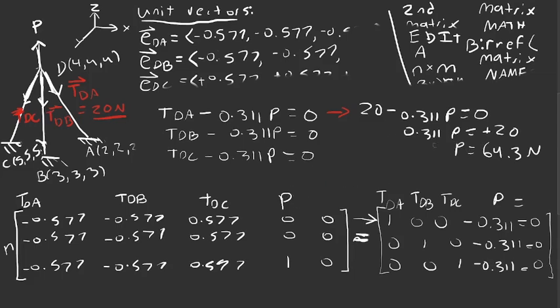And what that means is that we can substitute 64.3 into any of these other ones. So you can so easily solve for this now, and this. So basically you just have all of these variables solved for.